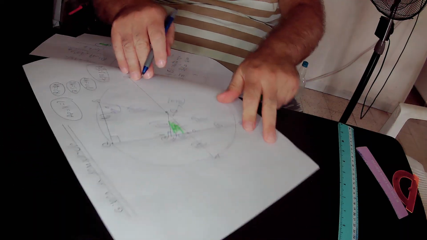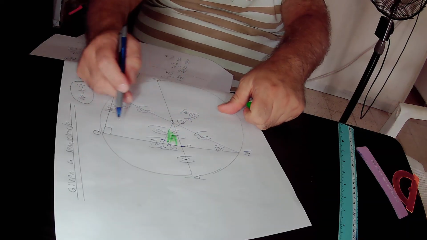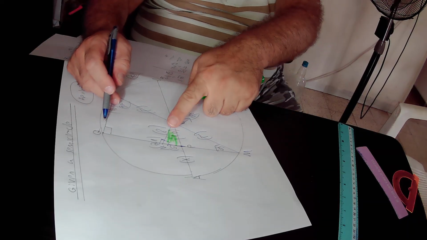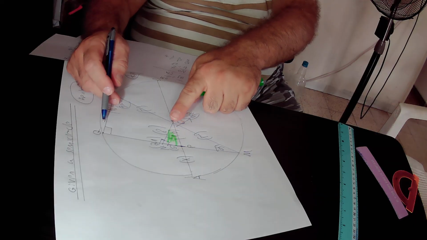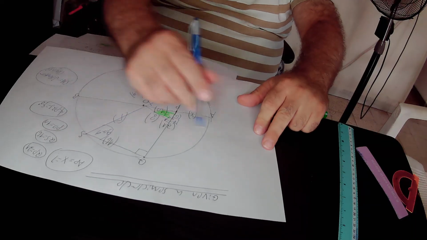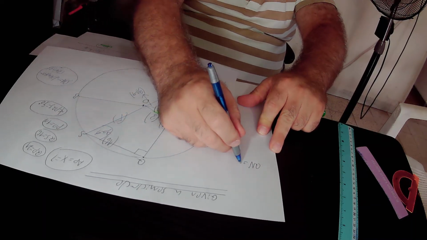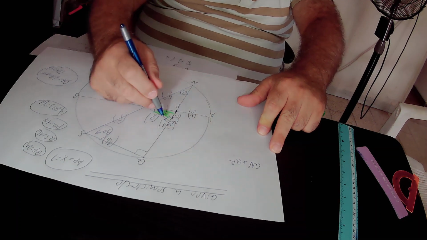What is the length of line segment NQ? NQ equals QP minus NP. So write it down: QN equals QP minus NP.